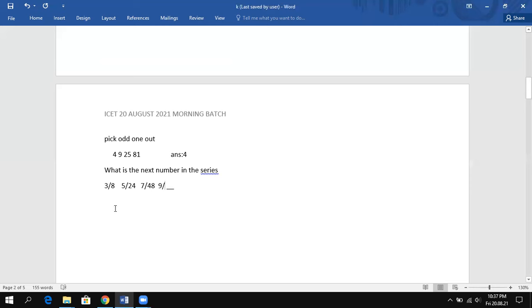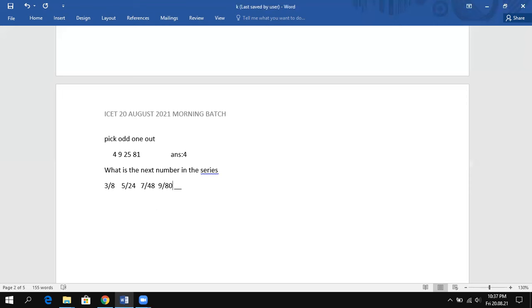So one number is left here, two numbers are left here, so here we will leave three numbers. The denominator could be: we leave 8 7s are 56, 8 8s are 64, 8 9s are 72, so 8 10s are 80.